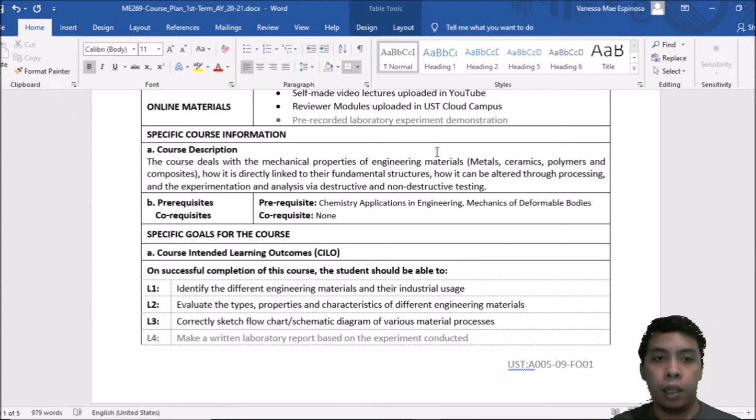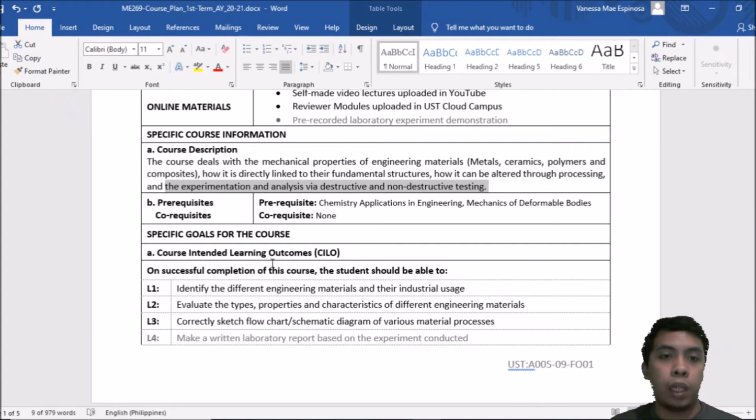For the course description of our laboratory, it is emphasized in the last statement: the experimentation and analysis via destructive and non-destructive testing. All your discussions in the laboratory are about the experimentation of materials, studying mechanical properties through various mechanical destructive and non-destructive testing.